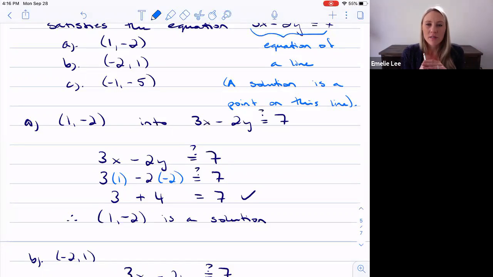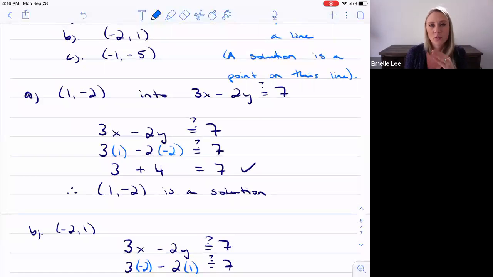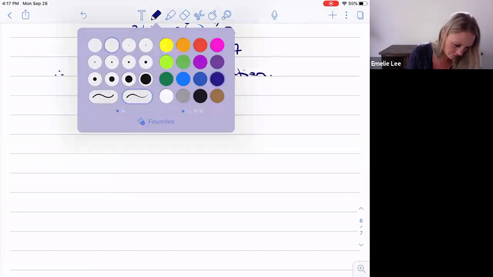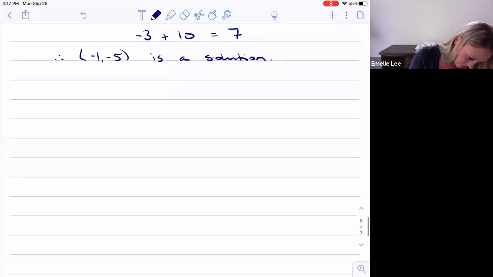But first we have to establish the Cartesian coordinate system, which is just the XY plane that we're probably familiar with.